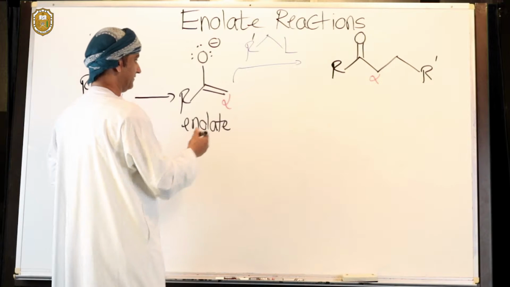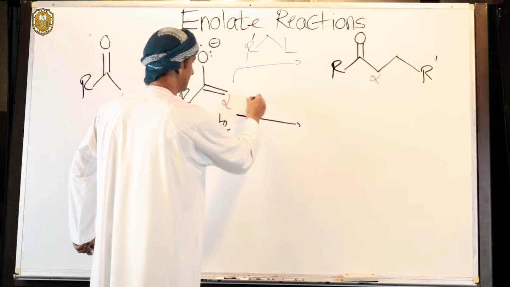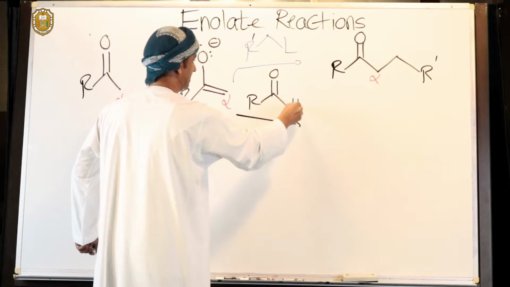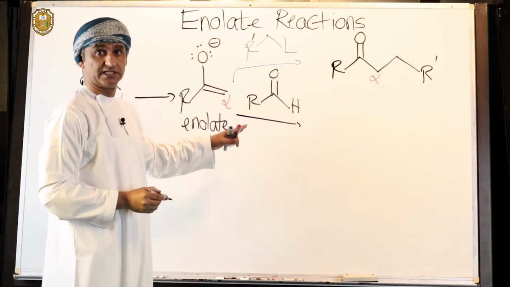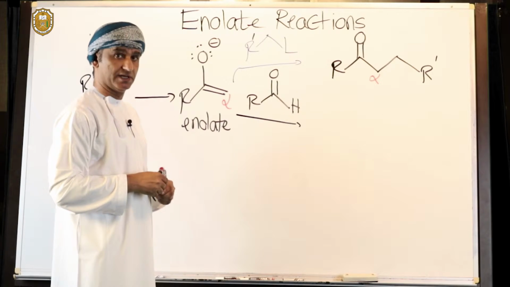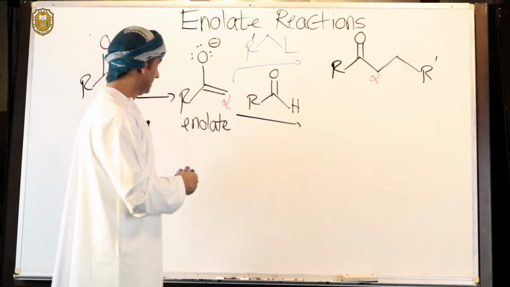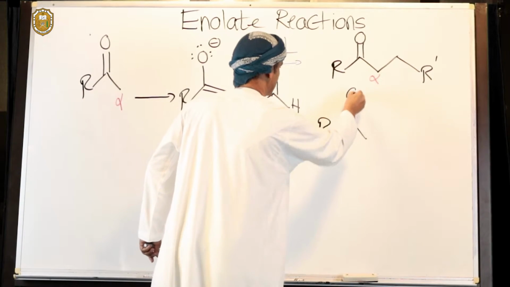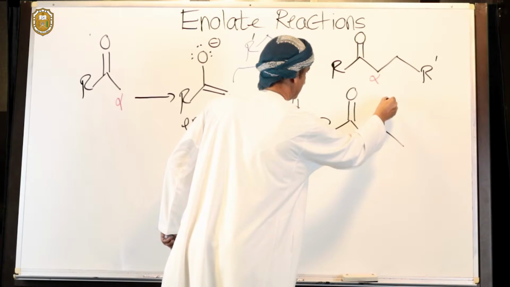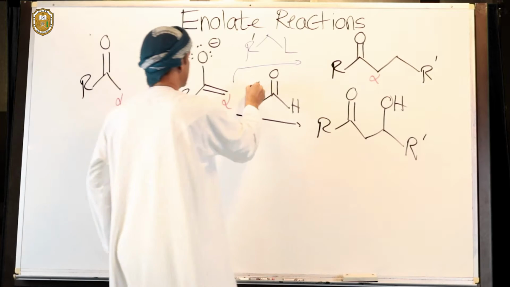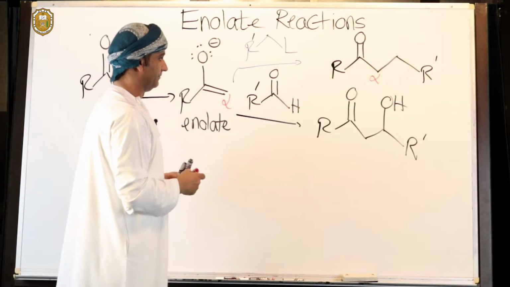Now, if the enolate is reacted, for example, with an aldehyde or a ketone, of course, we can use an aldehyde to represent aldehydes and ketones in general, then the enolate can do 1,2 addition, as we learned before, and the product is a beta hydroxy carbonyl compound.